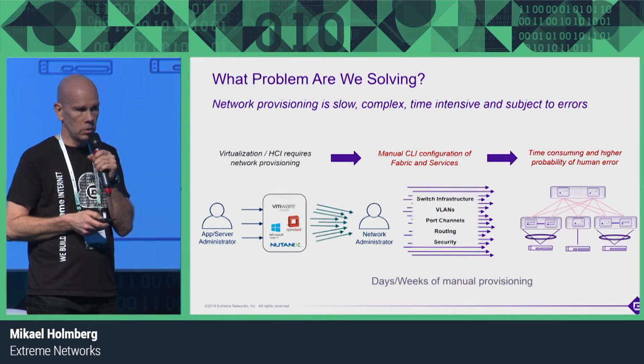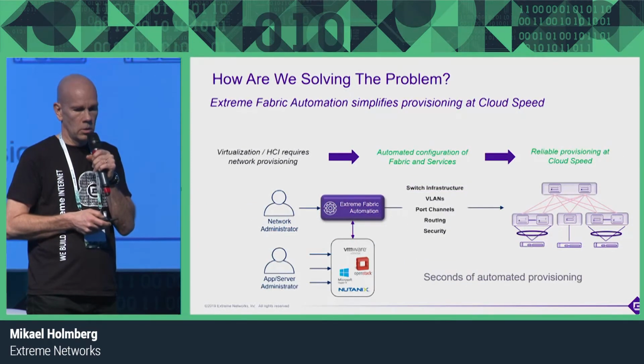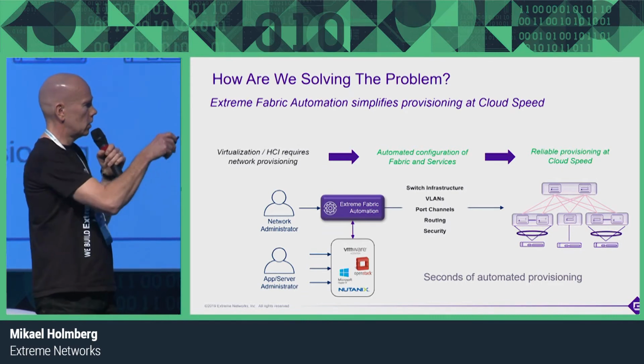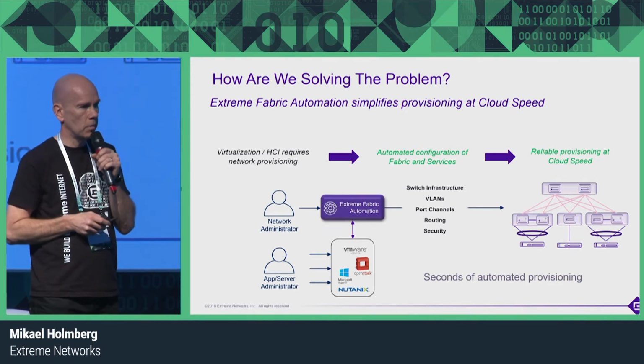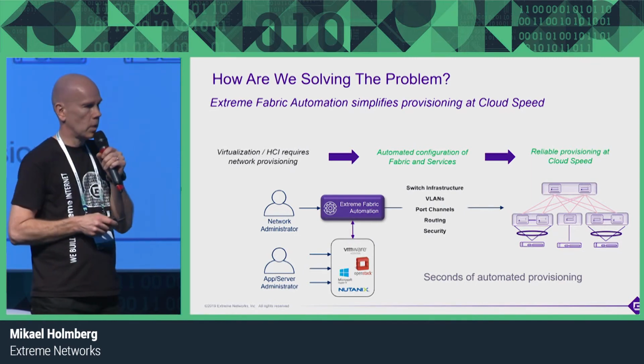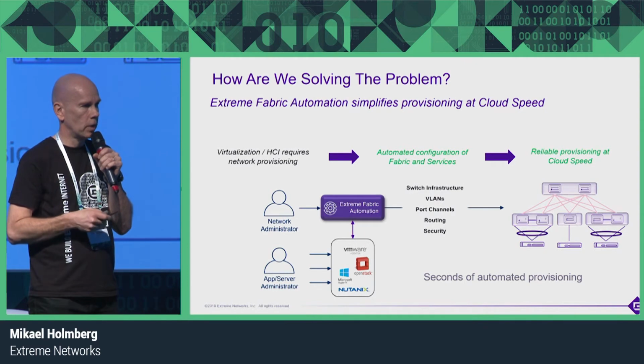So how are we going to solve this problem? We are going to solve it with something called EFA, Extreme Fabric Automation, which would allow us to have a central piece, being the Extreme Fabric Automation. That's the interface both for my network admin and my app server admin to provision things and orchestrate things.